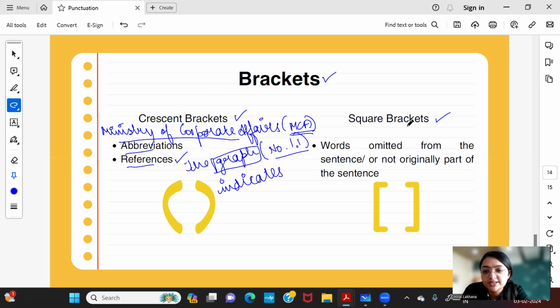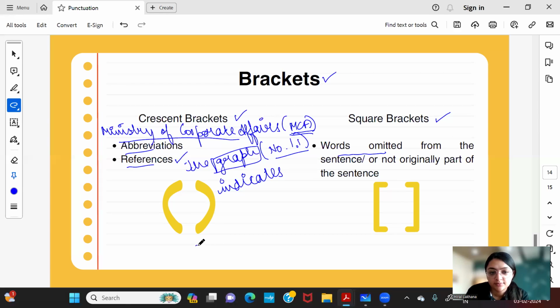Now, if we want to use square brackets, where can square brackets be used? Square brackets are used in cases where words are omitted from the sentence or they were not originally a part of the sentence, so they were added to the sentence. If that has to be indicated, then we use square brackets.